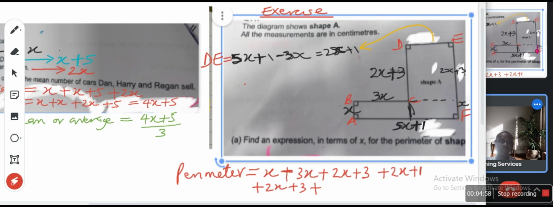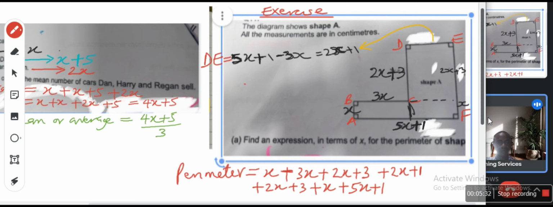So you are right. So 2x plus 3 is this one, right? Then plus this one, that's x. Plus x. Plus what again? F to A, 5x plus 1.